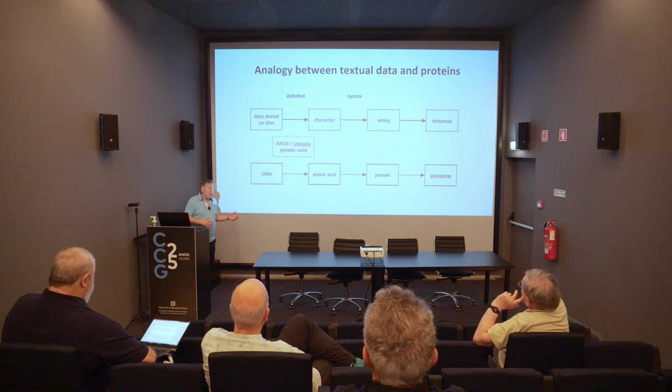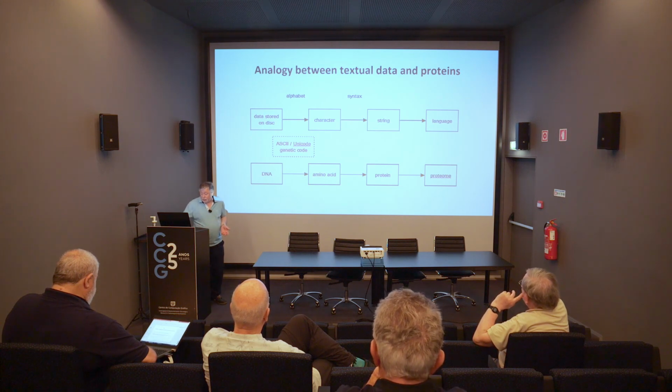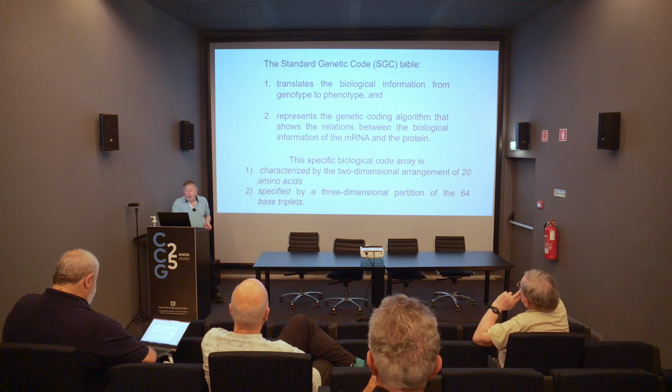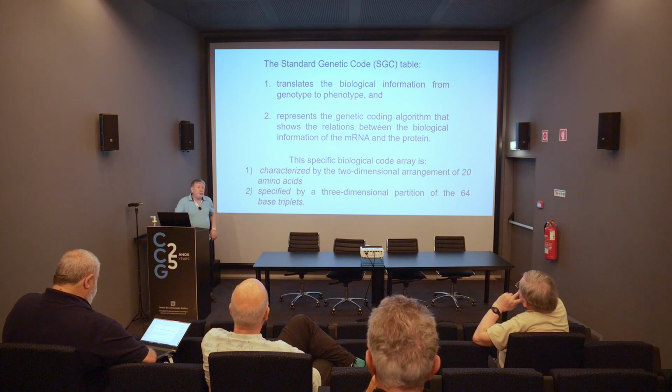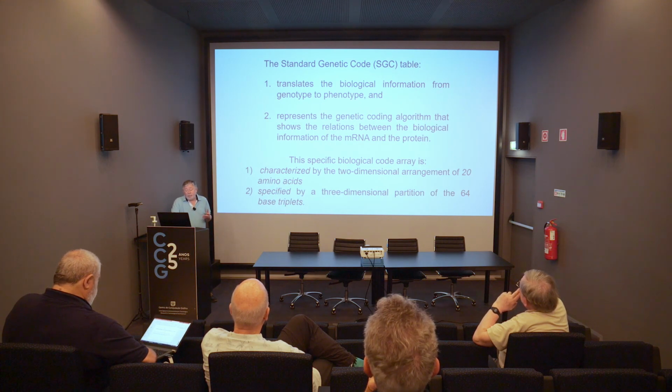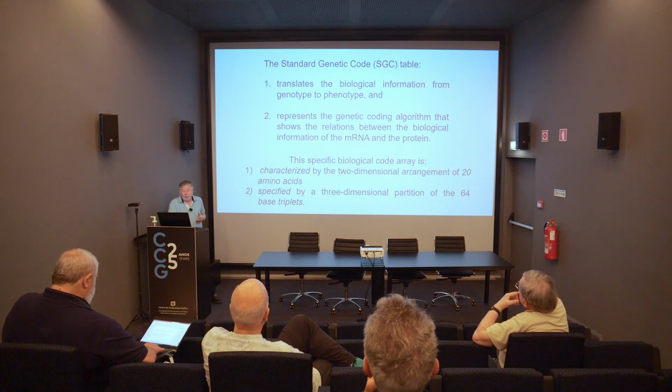In DNA we have nucleotide sequence, amino acid, and proteome. The standard genetic code table itself translates the biological information from genotype to phenotype, and it basically represents a coding algorithm which shows the relations between RNA and the protein.